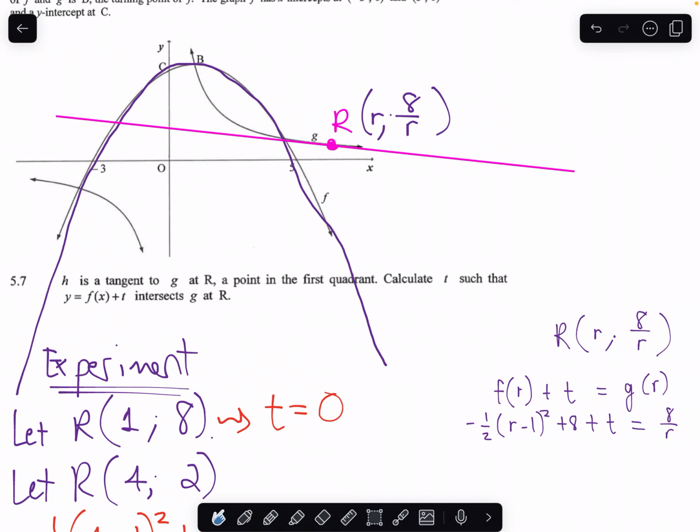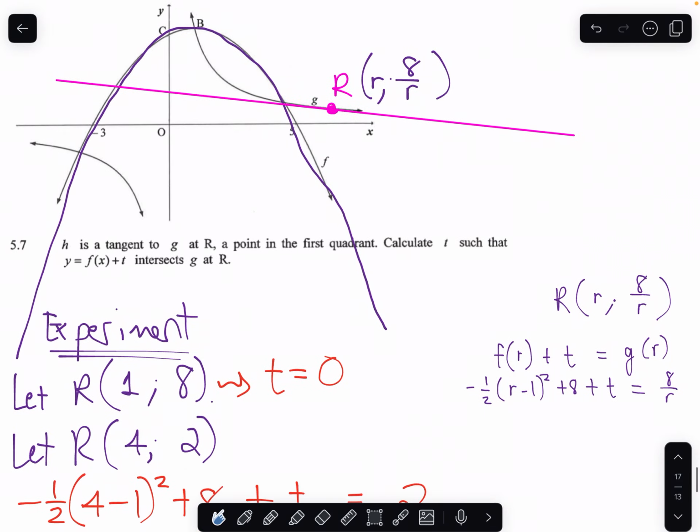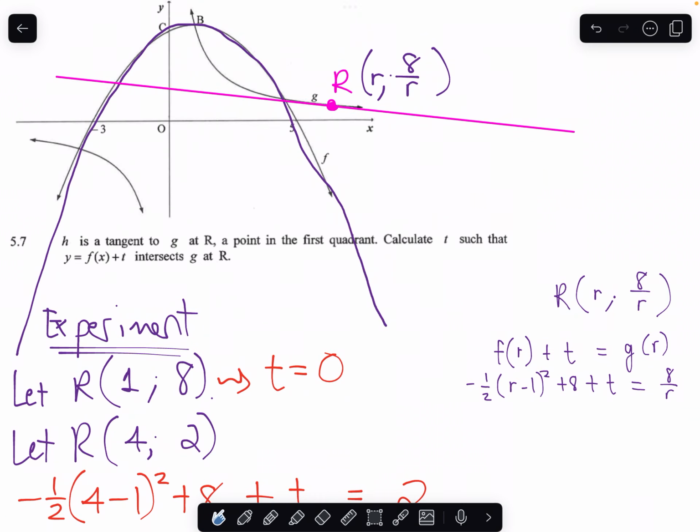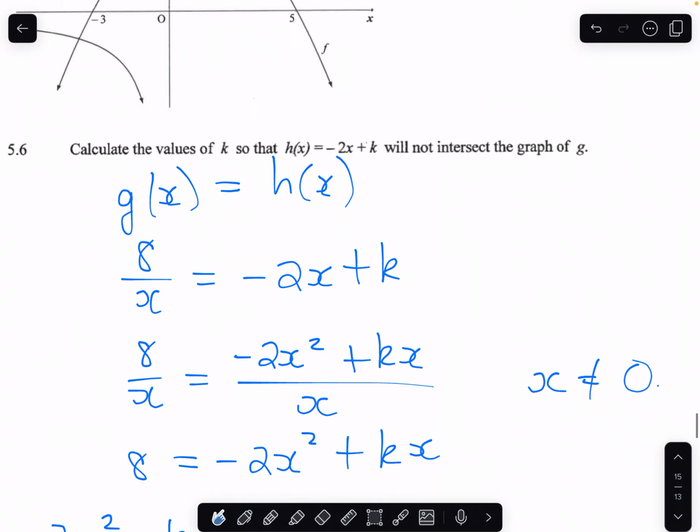Hey, this question is so confusing. Let's see what the memo is saying, guys, because I have a feeling there's a piece that we are missing. So in the memo, these guys go straight to, oh guys, is the h from here?